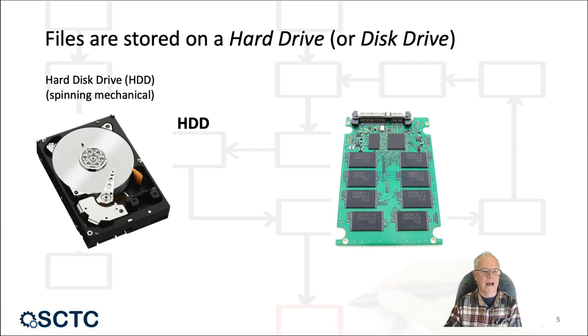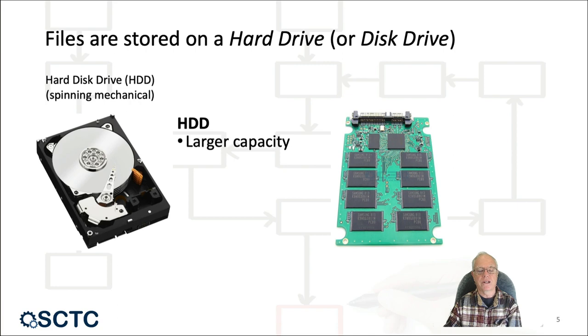A stack of platters spins at 5,400, 7,200, or even 10,000 RPMs. And there's a little actuator that goes back and forth. That actuator has a sensor on it, and it can detect whether a spot on the disk is a 1 or a 0, whether it's magnetized or not.